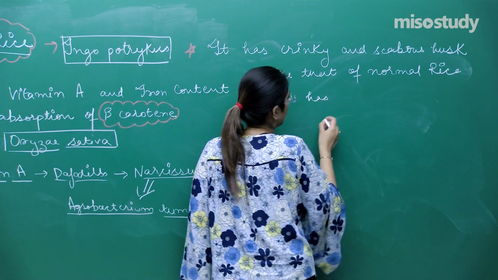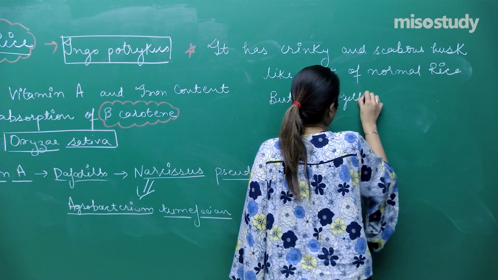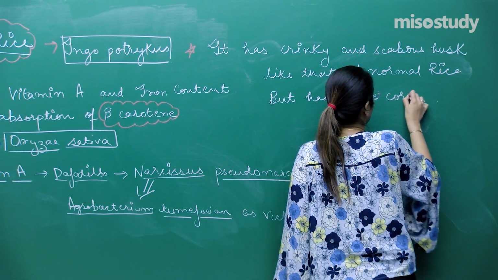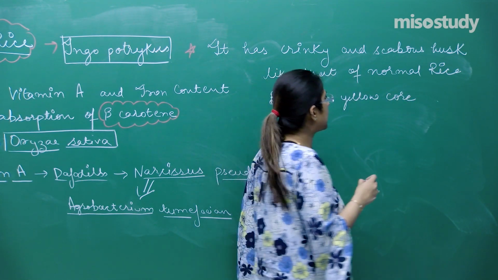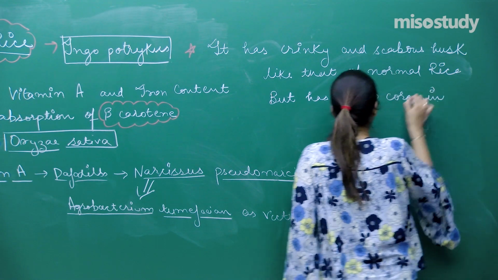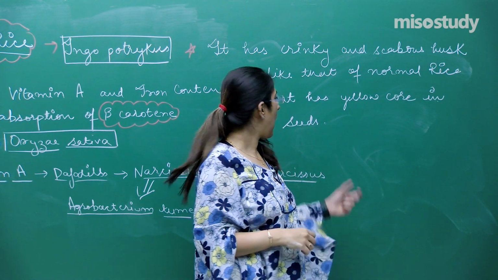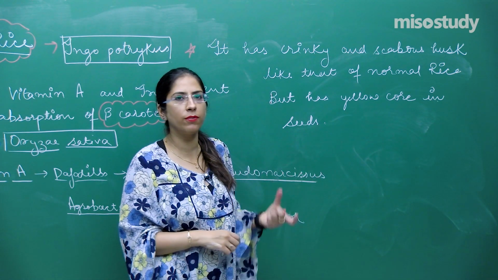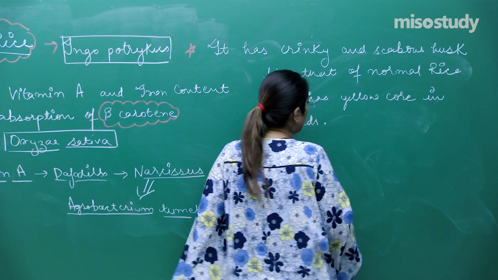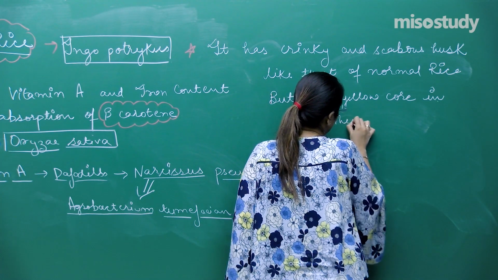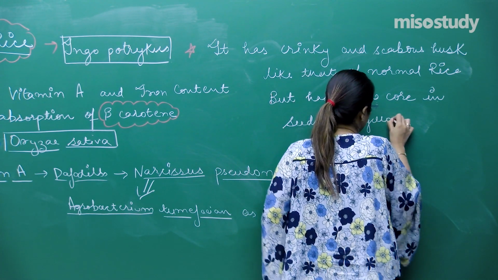But it has a yellow core in the seeds, right? This yellow color is because of the beta carotene.